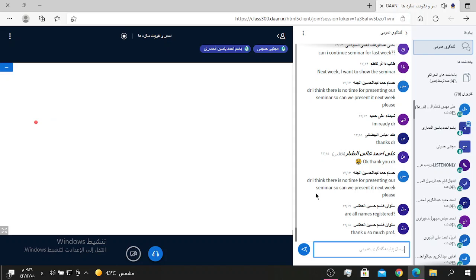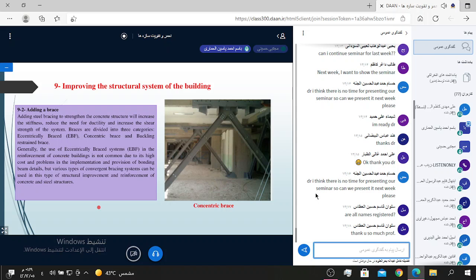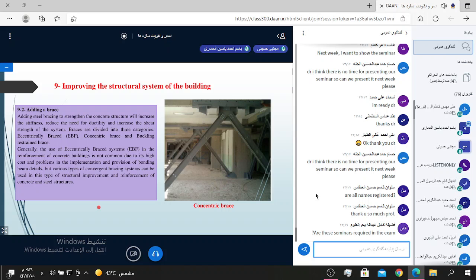Adding steel braces to strengthen the concrete structure will increase the stiffness, reduce the need for ductility, and increase the shear strength of the system. Braces are divided into three categories: eccentric brace (EBF), concentric brace, and buckling restrained brace. The general use of the system is limited due to its cost and the problems mentioned and the provision of bonding.